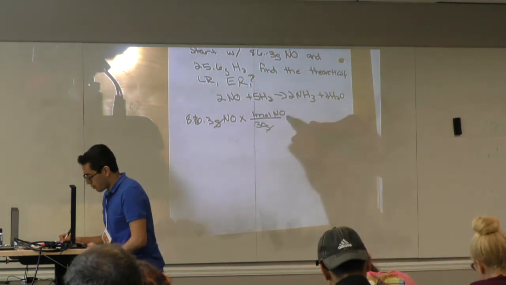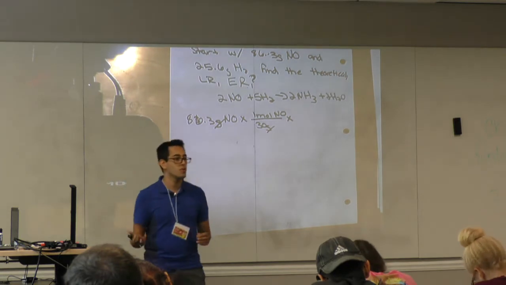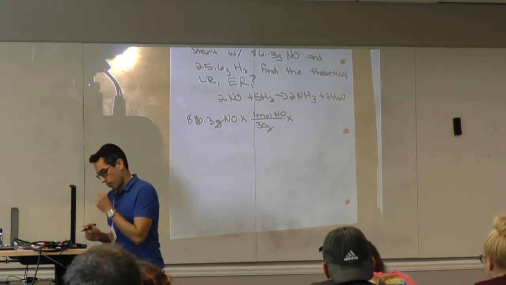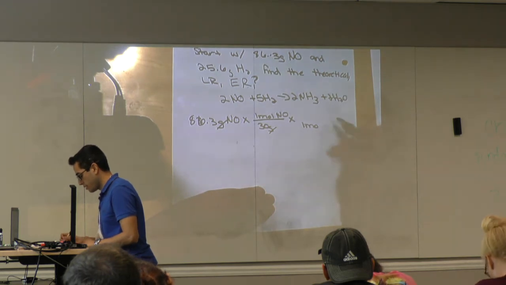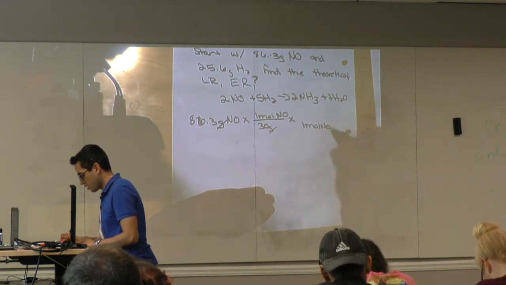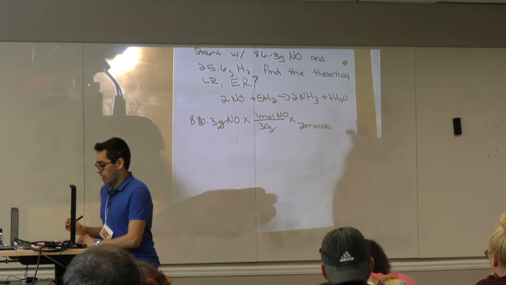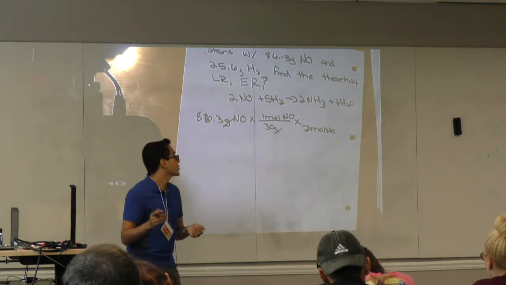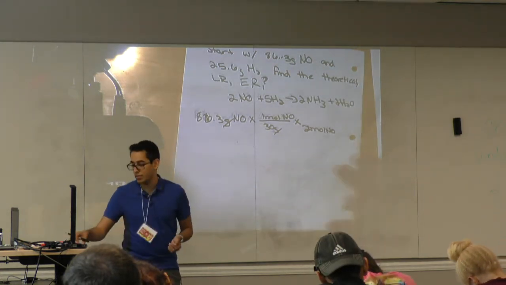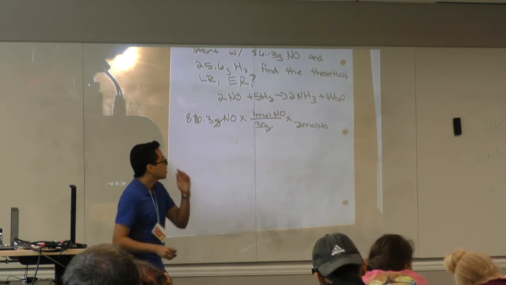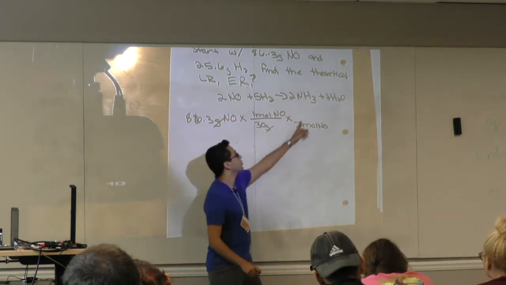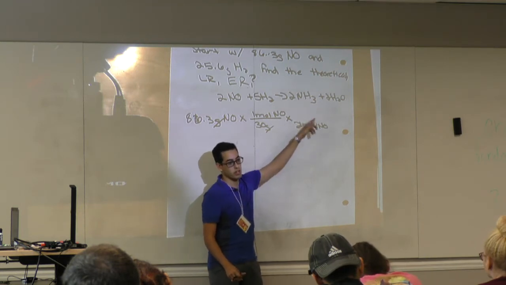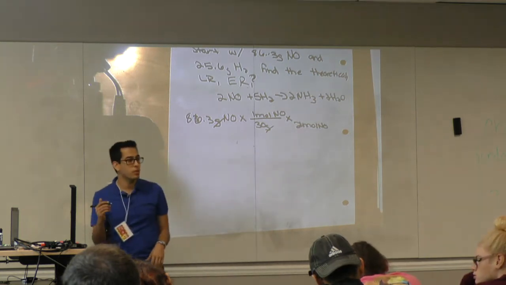And so that unit conversion will convert us into moles of NO. Now we need to go from moles of NO into moles of a product. In this case, we have to use the mole ratio provided in the balanced equation given to us. So we know that 2 moles of NO will create 2 moles of NH3. You can write it word for word, or you can just put 1 over 1.